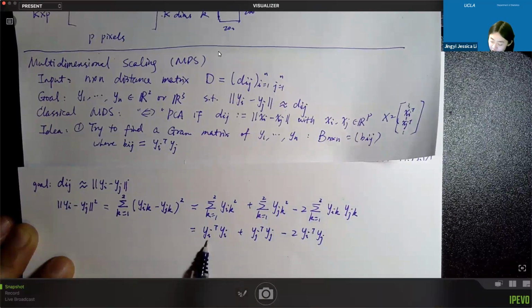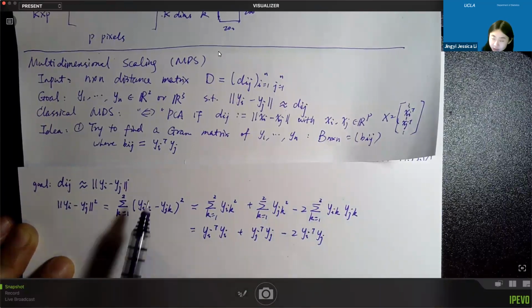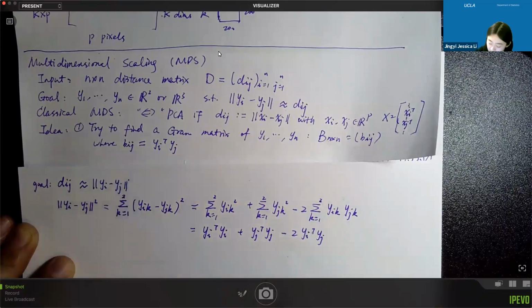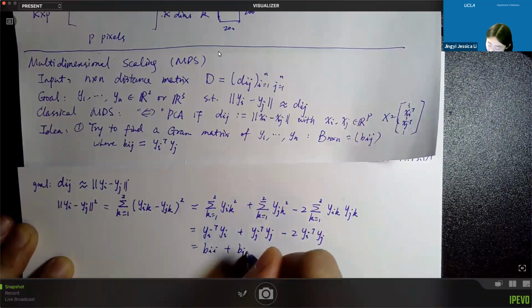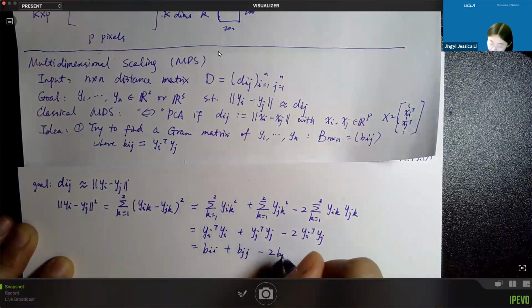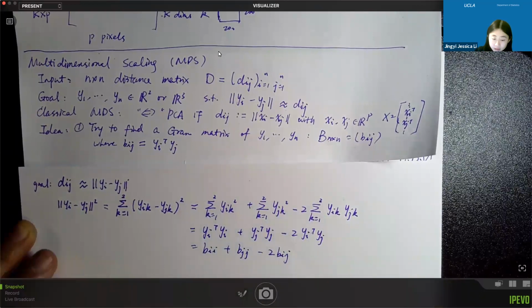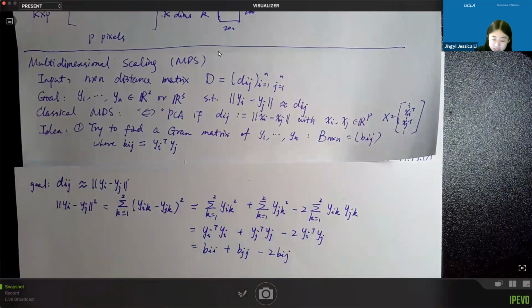And each of these can be connected to the entries in our Gram matrix. This is B_ii plus B_jj minus 2 times B_ij. Okay, so this is something very interesting to know.